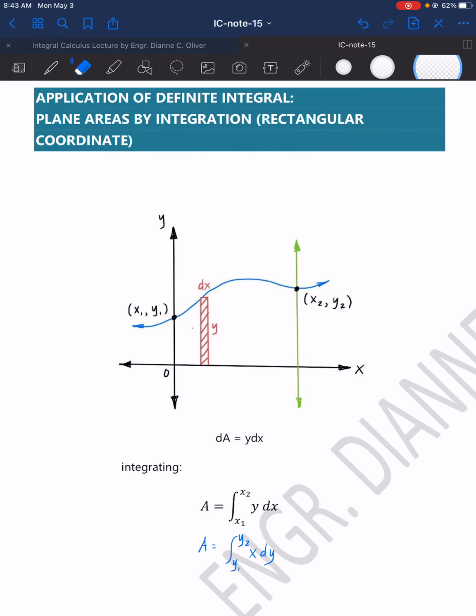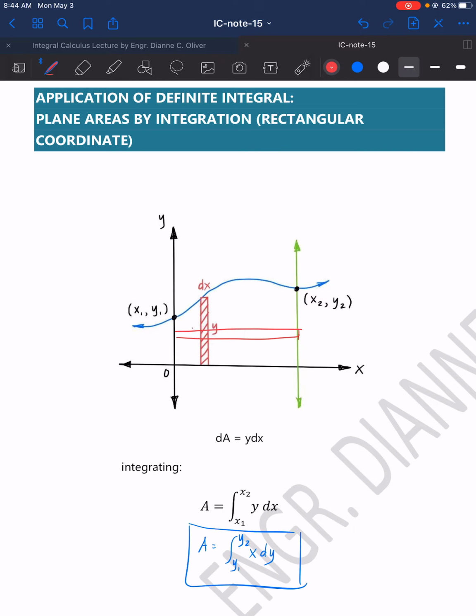Now how about the second formula, the integral of x dy? If we are looking at this figure, this area is our area strip, x dy.